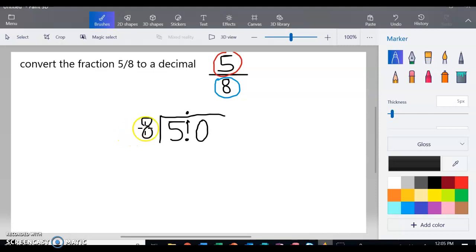So 8 cannot go into 5, so we're going to have to make 8 go into 50. We're going to treat this 5.0 as if it was a 50, so we have to figure out how many times 8 goes into 50. So we're going to count our multiples of 8 right over here. We'll start with 8.